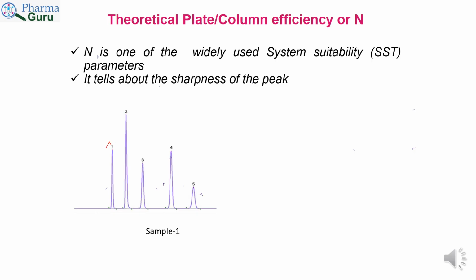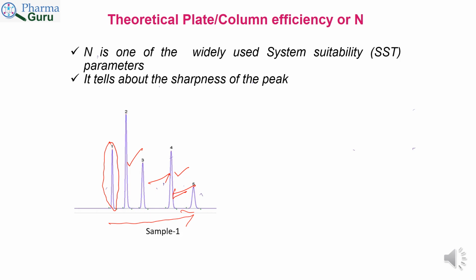See, peak 1 is sharper than peak 2. Peak 2 is sharper than peak 3. Peak 3 is sharper than peak 4. Peak 4 is sharper than peak 5. It means when we go from left to right, sharpness is increased.